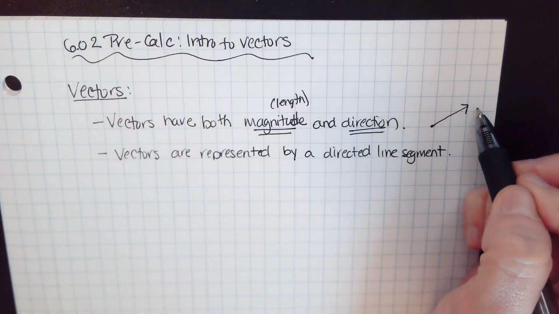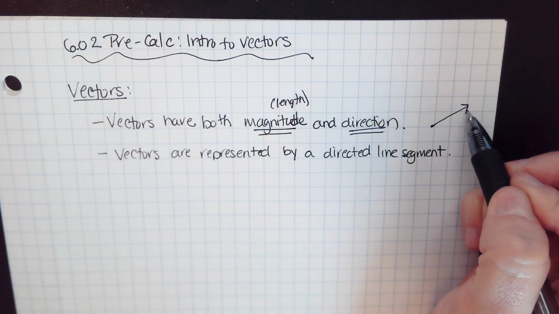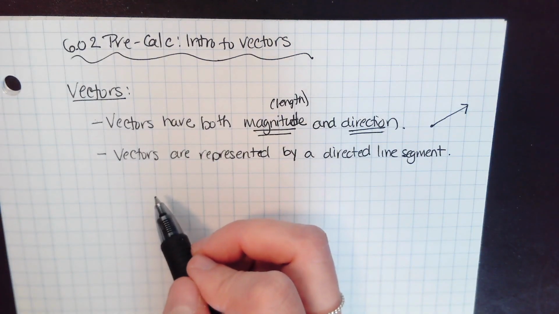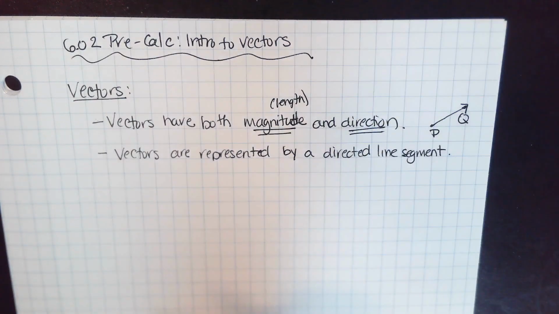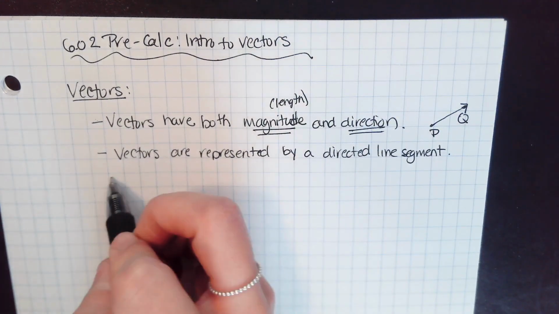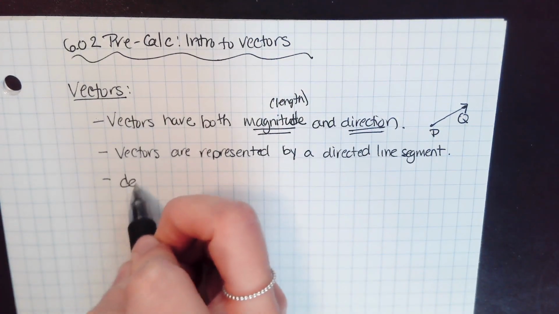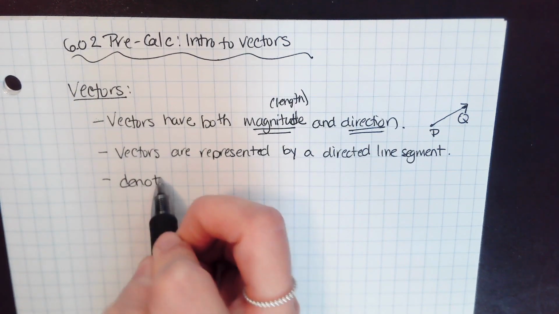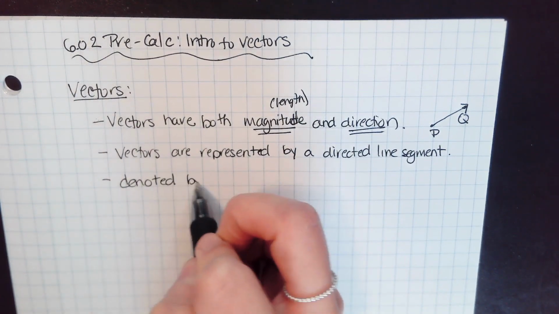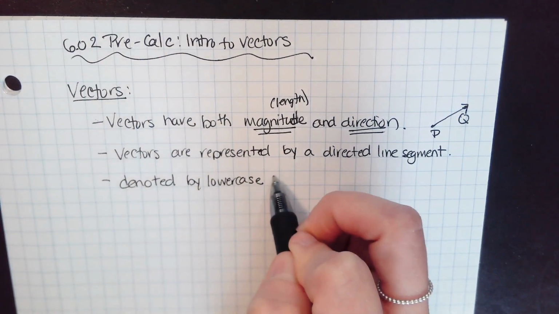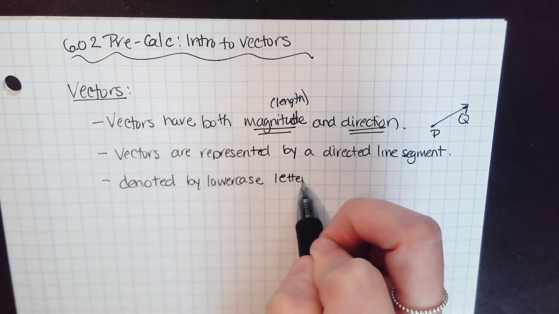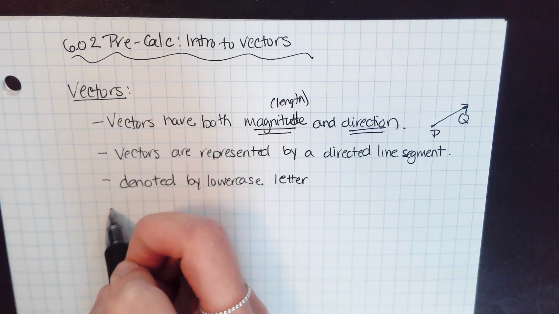So it's directed in a certain direction, has an arrow, and those would be your points. When we name a vector, it's denoted by a lowercase letter.